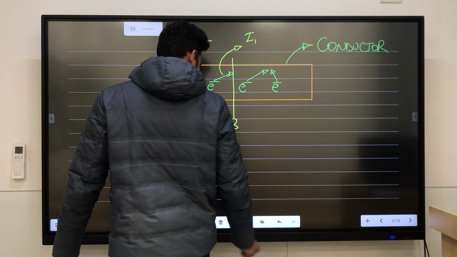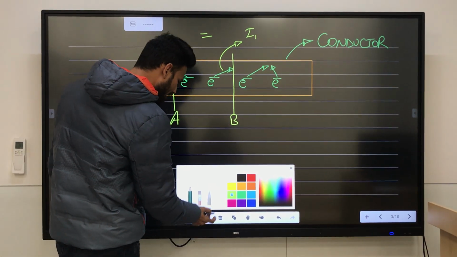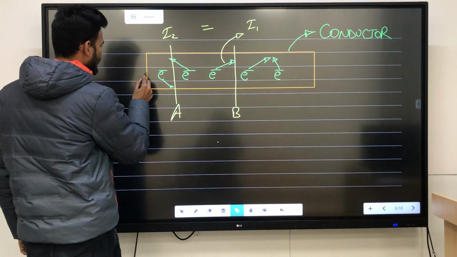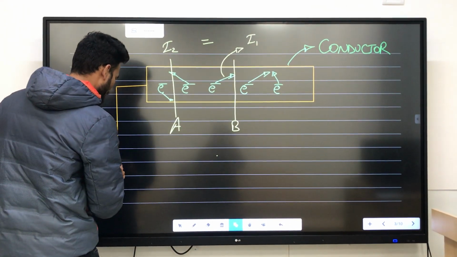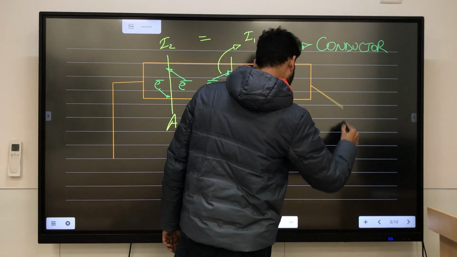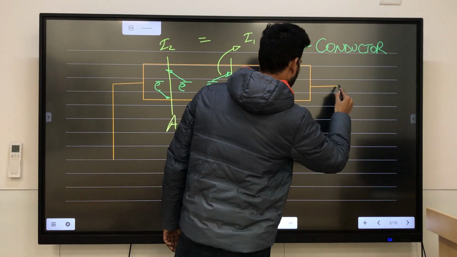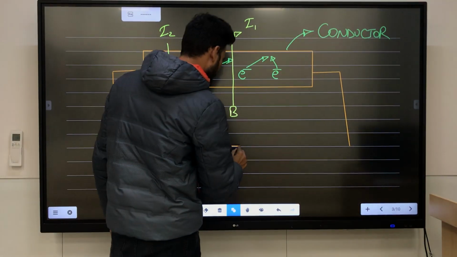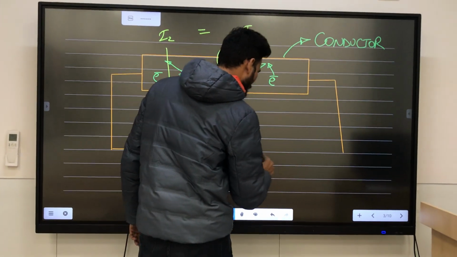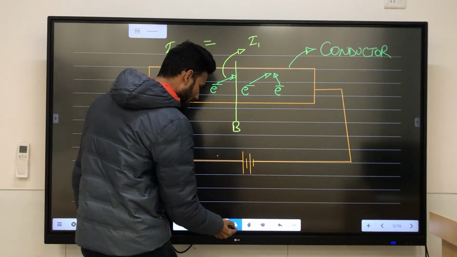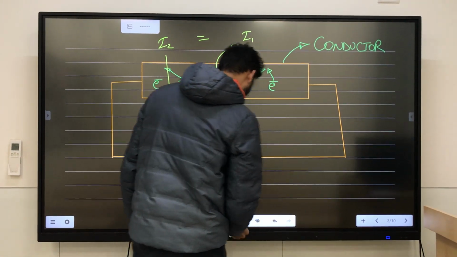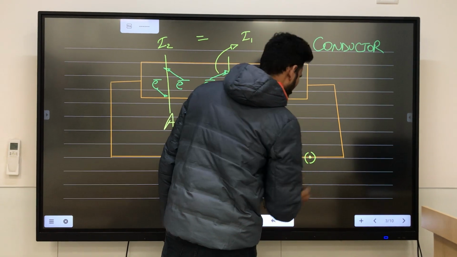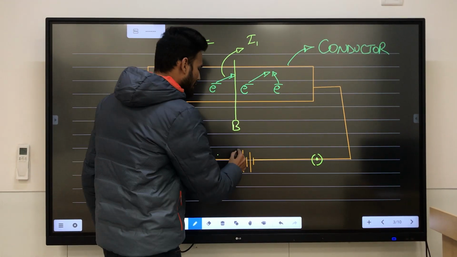Now coming to the direction of current, suppose I am connecting this conductor with a battery whose potential difference is V. Here is a switch, which is represented in this way, and this is a battery.